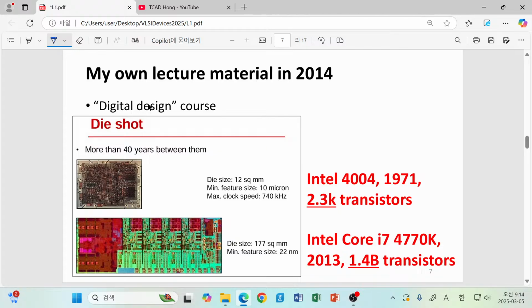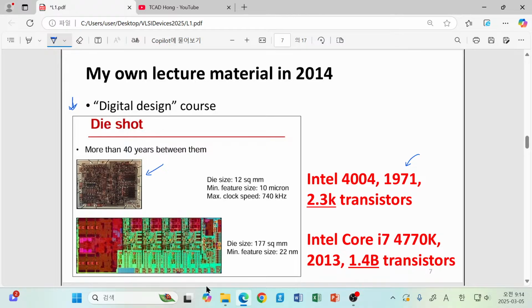This slide was taken from my own lecture material. I wanted to show the other students how much microelectronics has evolved dramatically. That was the very first CPU, called Intel 4004, first released in 1971, even before I was born.